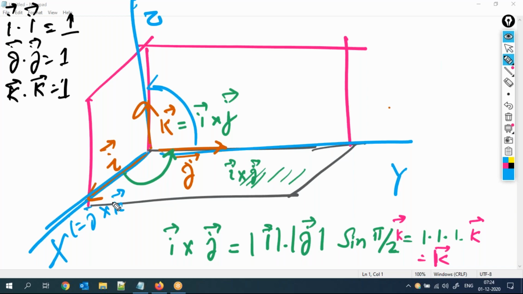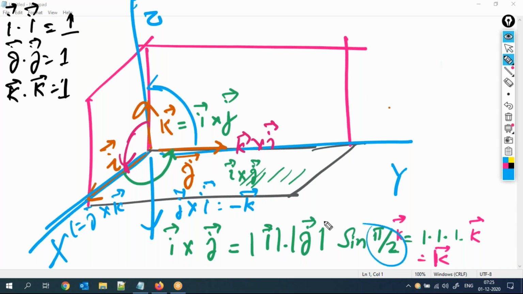And you can write j equal to k cross i, not ik. Interesting is if you draw below, j cross i will be equal to minus k. Any question? This will become minus.